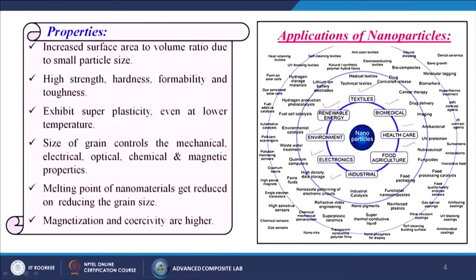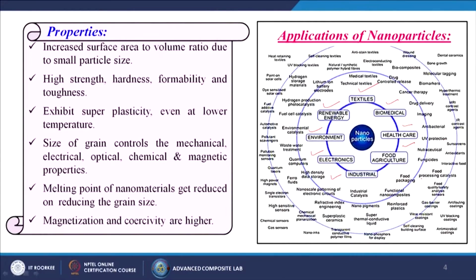Then if we subdivide this further, we are using it for drug delivery, cancer therapy, controlled drug release, UV protection, food packaging, high-density data storage, environmental catalysis, fuel cell catalysis, and many more. Then after that we again make it broader.